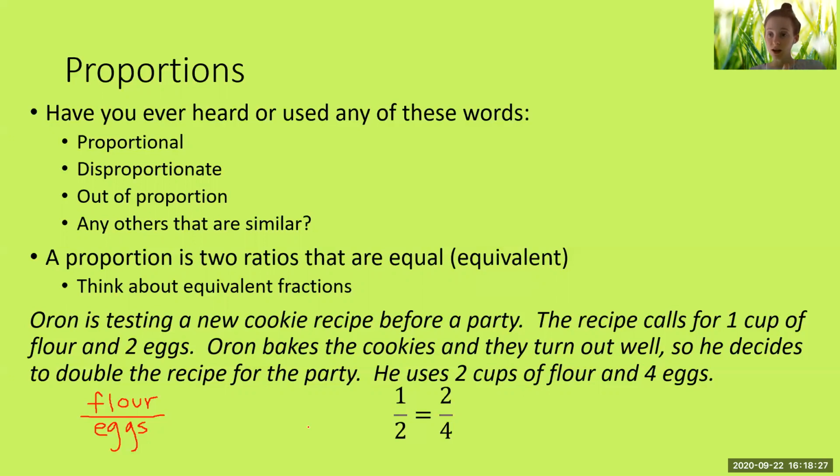So for all proportions, the cross products are equal. So for all proportions, the cross products are equal. So if the cross products are equal, it's a proportion. If they're not equal, then it's not a proportion. The cross products are always equal in a proportion. This is one way that you can check and see if something is a proportion.